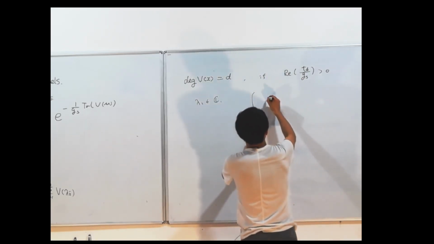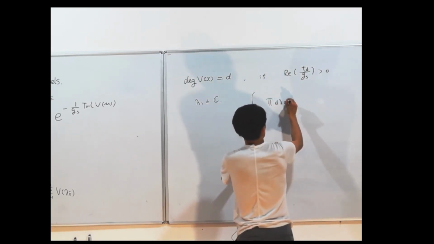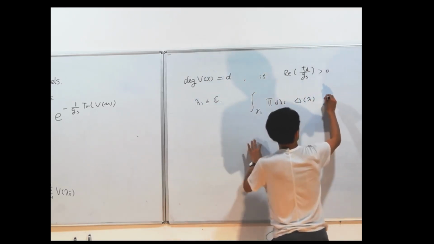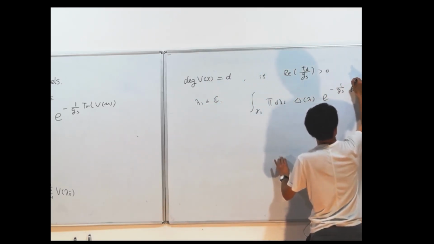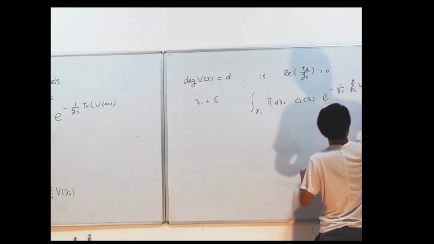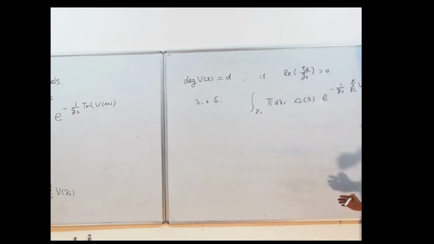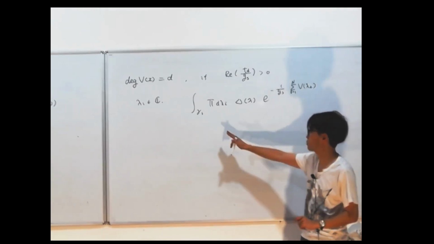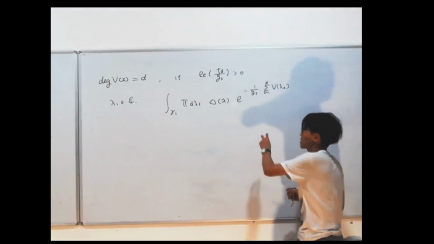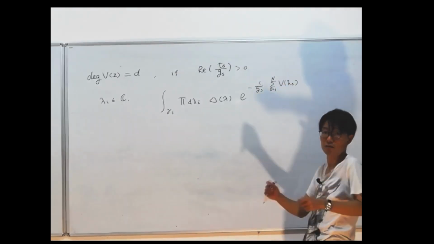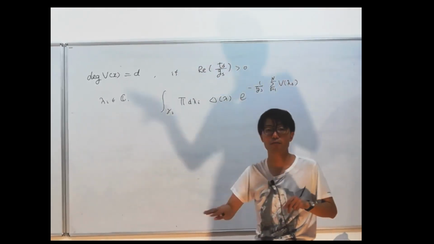That's another way of writing. Does it make sense? And in particular, we take this lambda path to be the steepest descent of this potential. So you basically take the derivative of this and find the zeros, and then this path has to pass through at least one of those points.